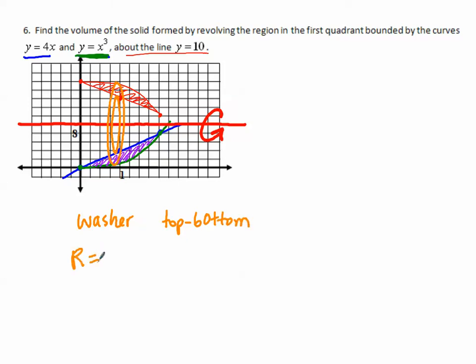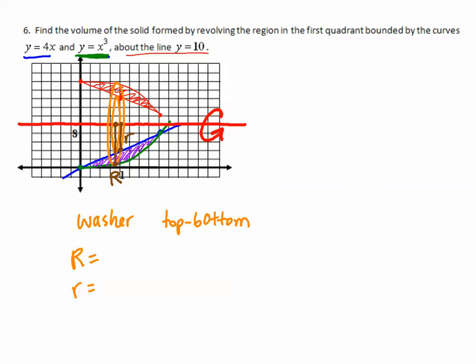So washer means I have a big R and a little r. Always draw the radii. In this one, it's really important because it's different from what we did in the other ones. Start at the axis of rotation and go to the original curve. The farthest away part, you have to go to the farthest curve, is big R. From our axis of rotation to the closer curve, that's the little r. That's the radius for the gap.